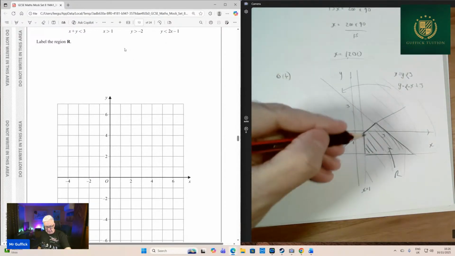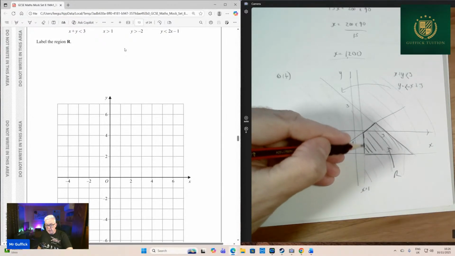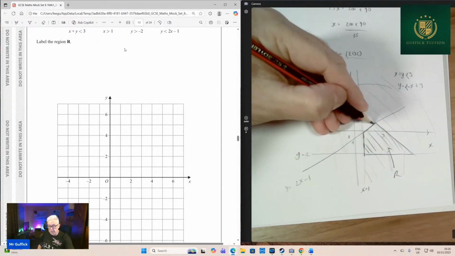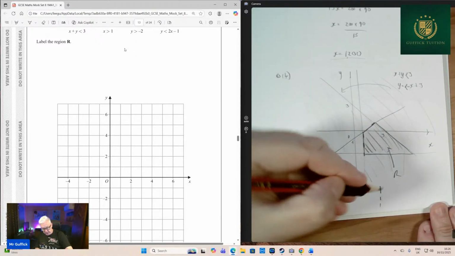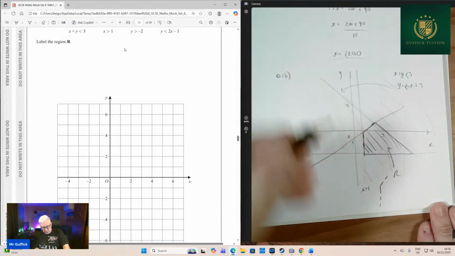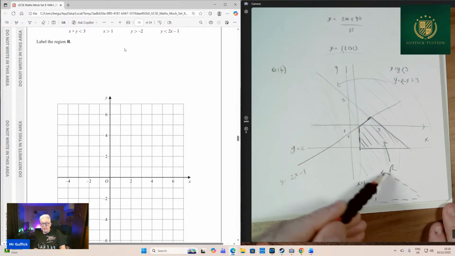Now, actually, technically speaking, really, I should have drawn dotted lines here. So imagine that these lines are dotted. Let me just show you what I mean, because we've got strict inequalities. So really, I ought to have drawn dotted lines to represent that we're not actually allowed to have the values that lie on the lines. So it should be with dotted lines.